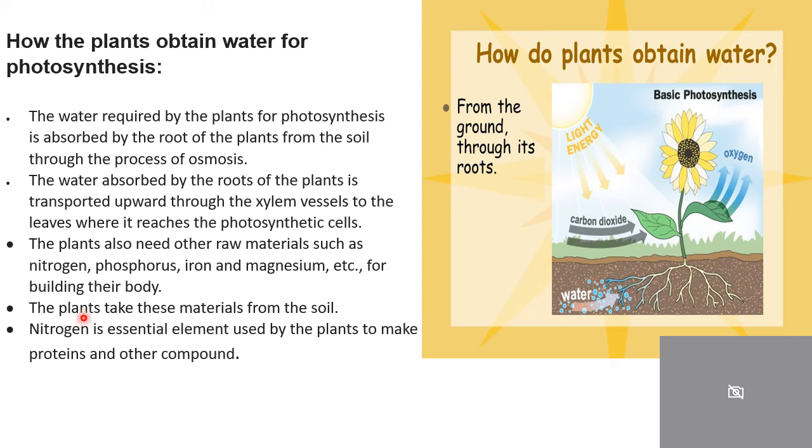Now the water which is absorbed by the roots is transported upwards through the xylem vessels to the leaves, where it reaches the photosynthetic cells. The plants also need other raw materials apart from carbon dioxide, water, chlorophyll and sunlight.